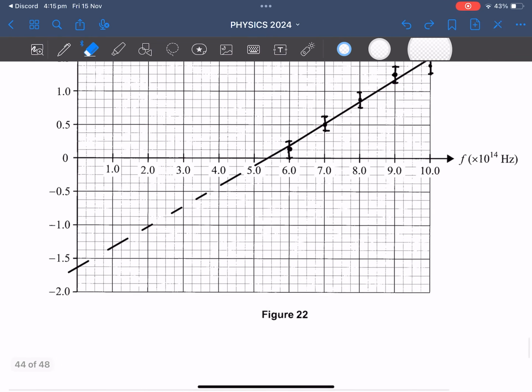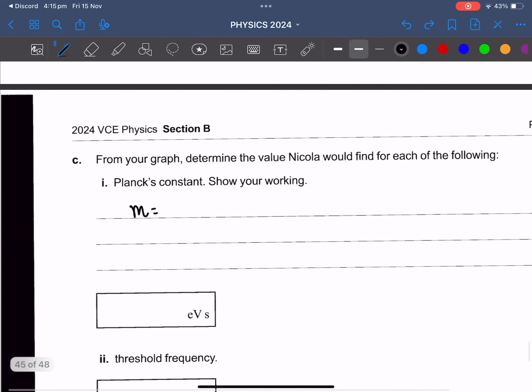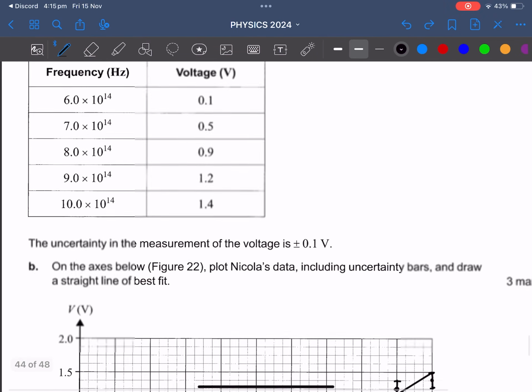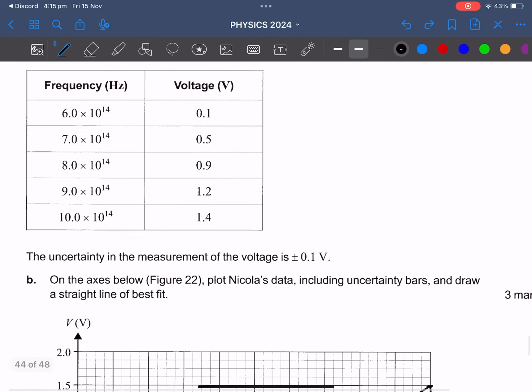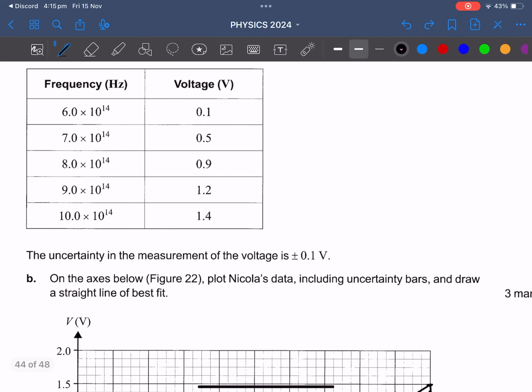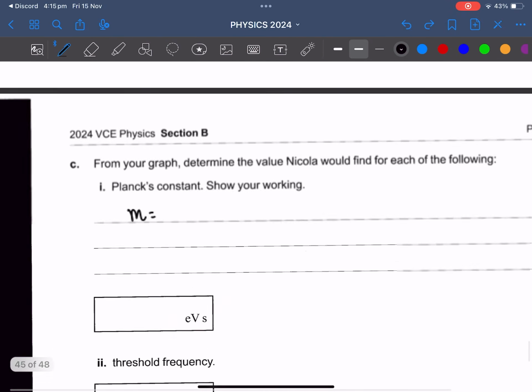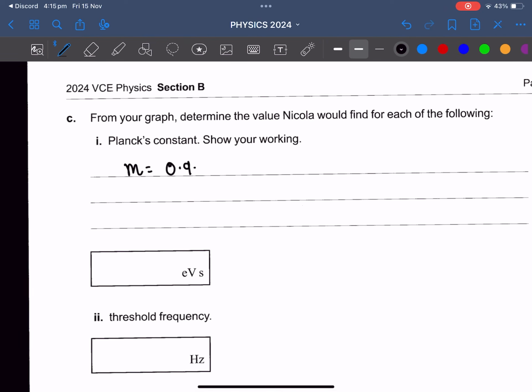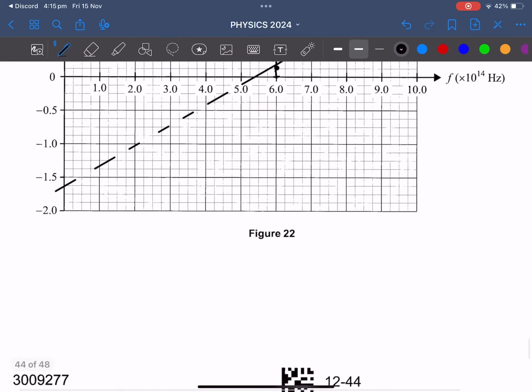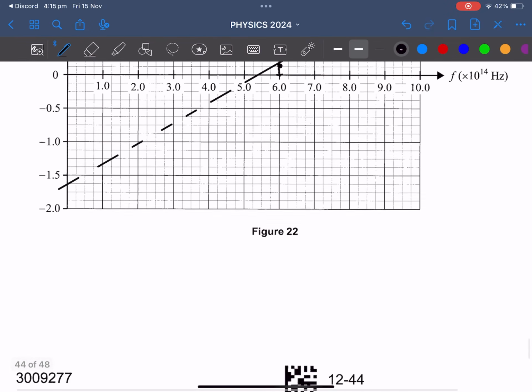So we have 0.9 minus 0.5, all divided by 8 minus 7 times 10 to the 14.